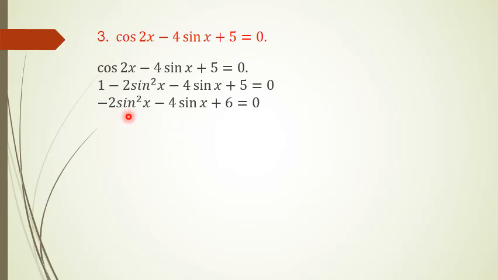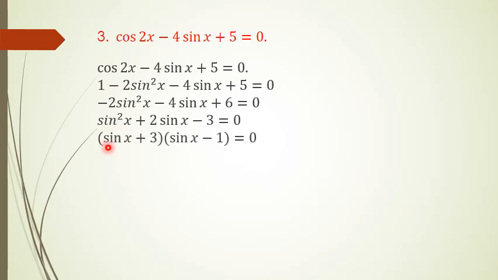Then on dividing through by minus 2, the equation simplifies to sine squared x plus 2 sine x minus 3 equal to 0. This is a quadratic in sine x. We factorize the left hand side. The factors are sine x plus 3 into sine x minus 1 equal to 0.